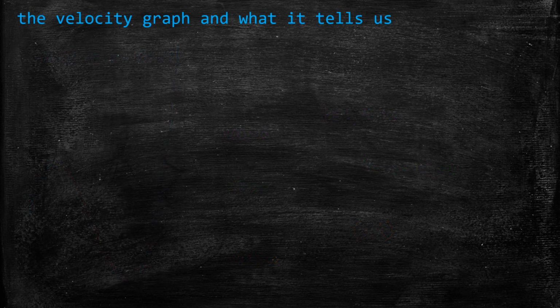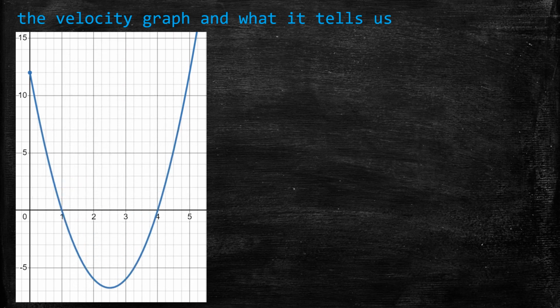So in this last example, we look at the graph of the velocity function and see if we can answer all these questions based on just the graph. So that's the function. It was a quadratic, and the graph is a parabola. And so you can answer things like, when is the particle at rest?